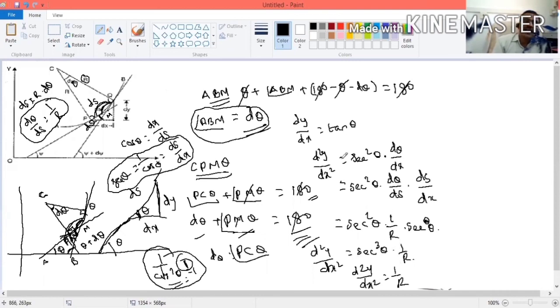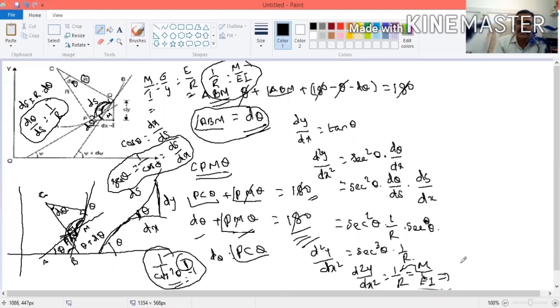Already we have the equation in case of bending: M by I is equal to sigma by y is equal to E by R. So from this you take the first and third term. What is 1 by r? 1 by r is equal to M by EI. Here I am going to replace 1 by r by M by EI.